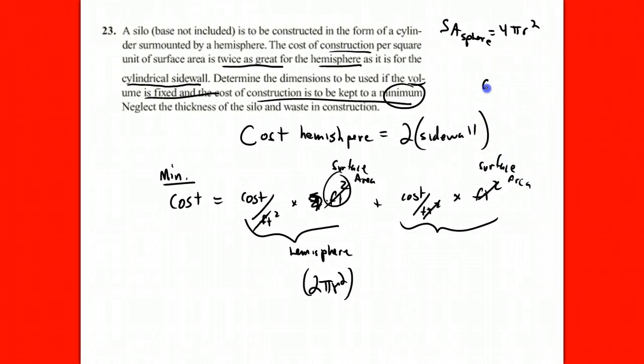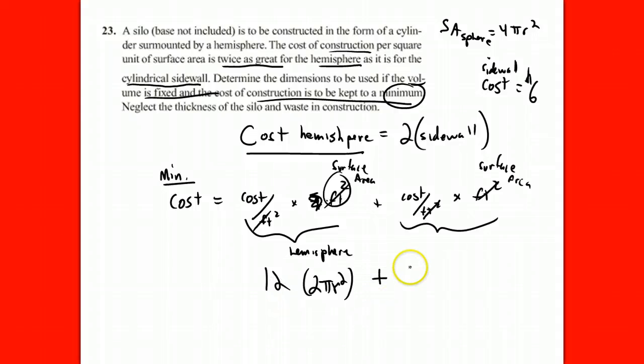To make things easier, let's say the sidewall cost is just some number, say $6. It's unrealistic, but let's go with that. Then the cost of the hemisphere will be twice that, $12. The cost of the sidewall would be $6.